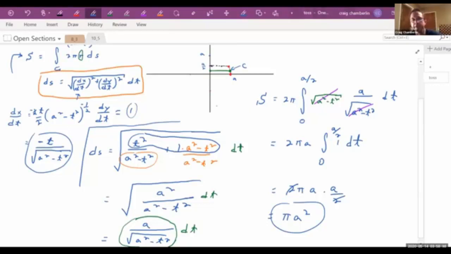And the interesting thing is, when you just go up to 1/2 the height here of a, which would be the radius of the sphere, you get 1/4 the surface area when you do that rotation. Because the full surface area of the full sphere would be 4 pi a squared.